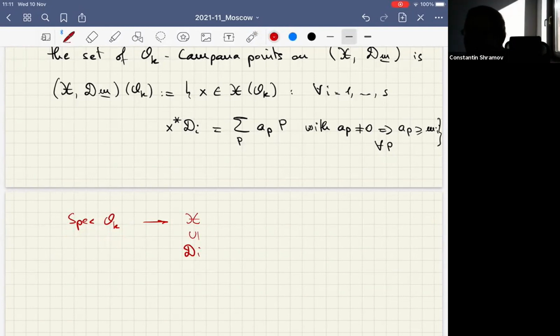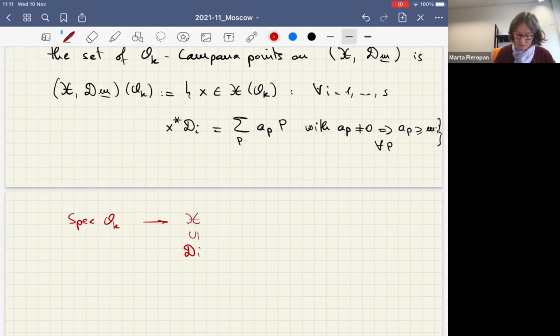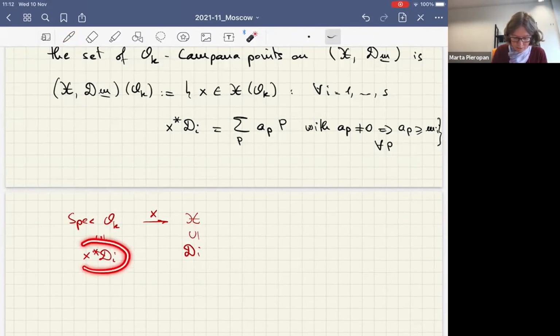And so what I'm asking is that if I call this map x, then here I have this pullback. This is an effective divisor. It's not the whole thing. That would happen only if the image of Spec K is contained in D_i. And then I'm looking at this divisor and looking at these coefficients.